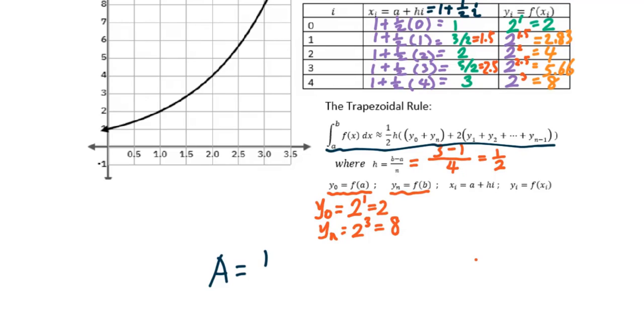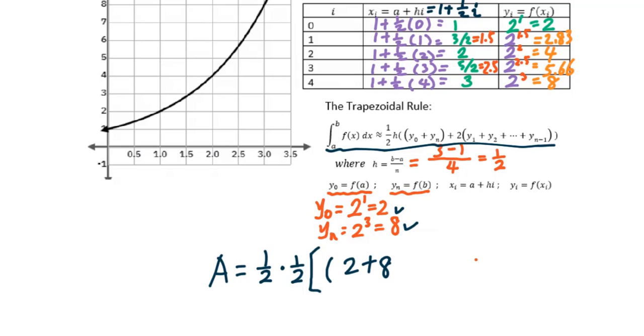So you get 1/2, H will be 1/2. Then Y0 plus Y sub n, we already figured these two out. It's 2 plus 8.